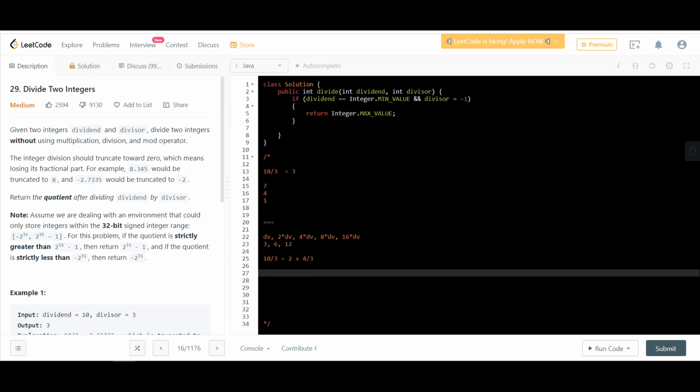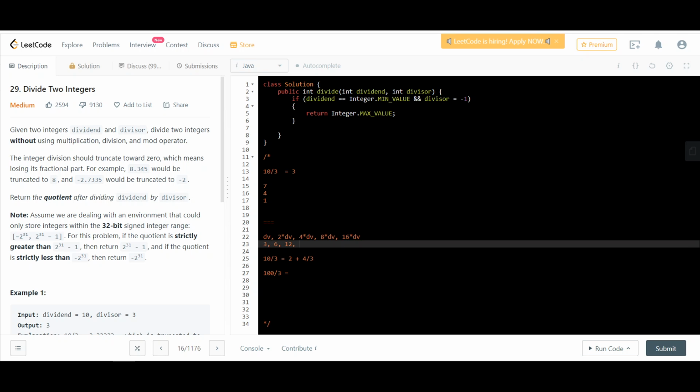Let's take a higher value. Let's do 100 by 3. Instead of subtracting 3 from 100 again and again, you're checking lesser values. 4 times 3 is 12, 8 times 3 is 24, 16 times 3, and so on.